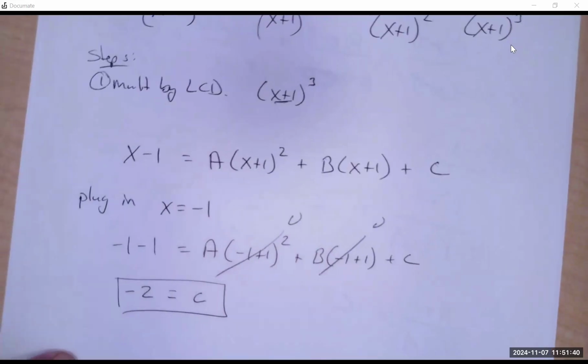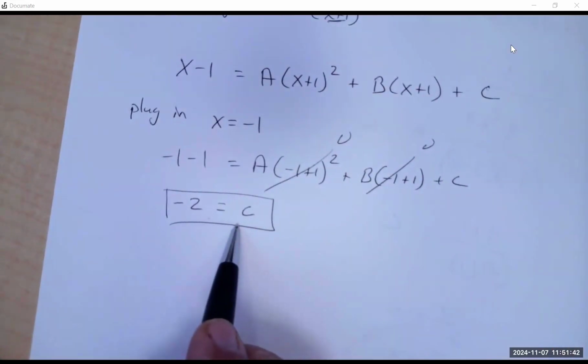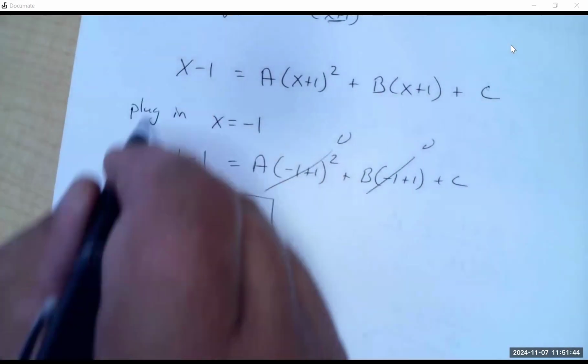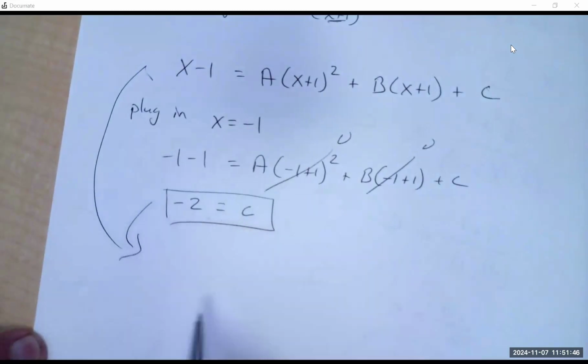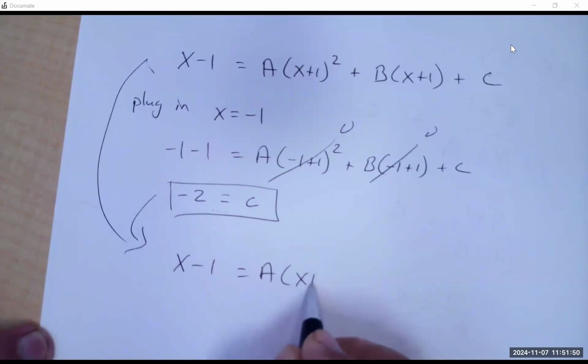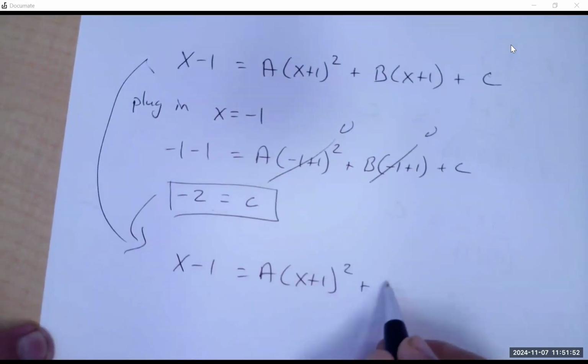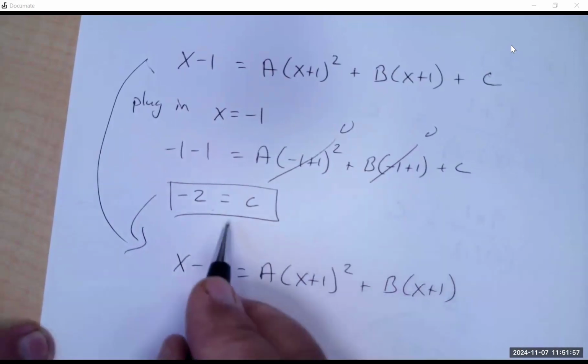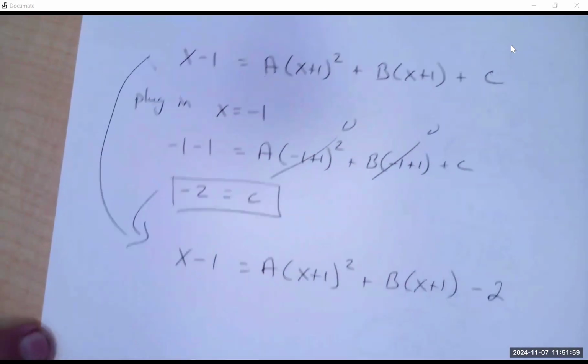But we can start off with this, which we have here. So now we take both of these. So we have x minus 1 equals a times x plus 1 squared plus b times x plus 1, and c is -2, so it's -2.